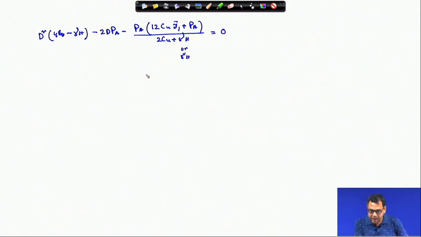This expression I have derived already in the previous class.